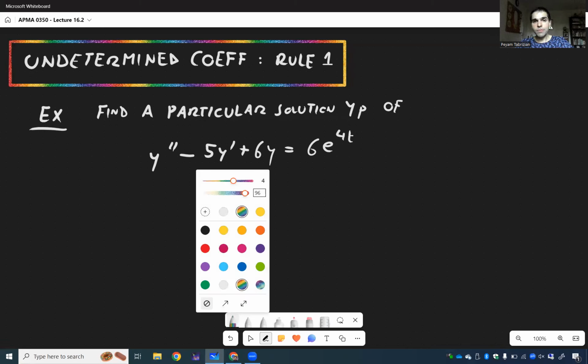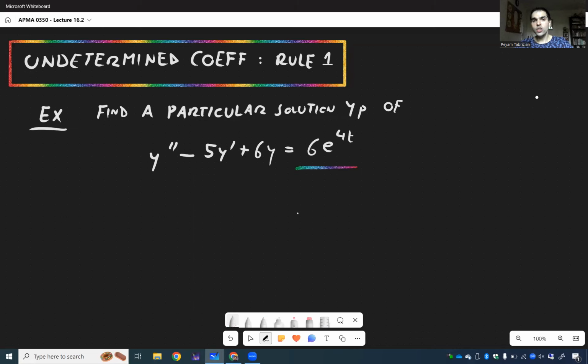And the idea behind undetermined coefficients is to guess your particular solution to be of the same form as the right-hand side. And in particular, no pun intended, there are three rules.